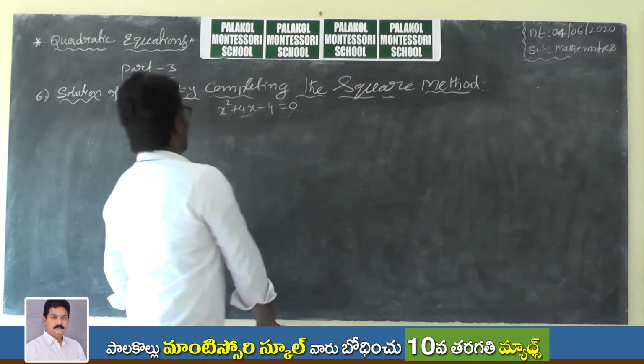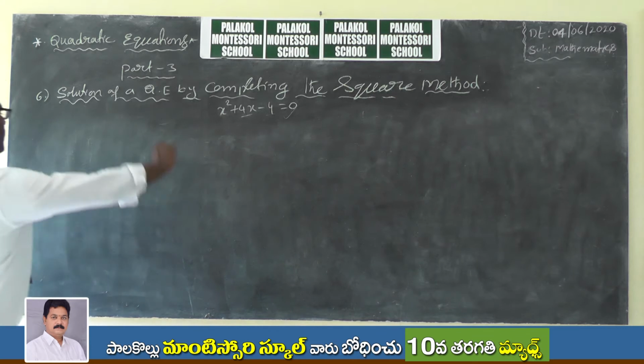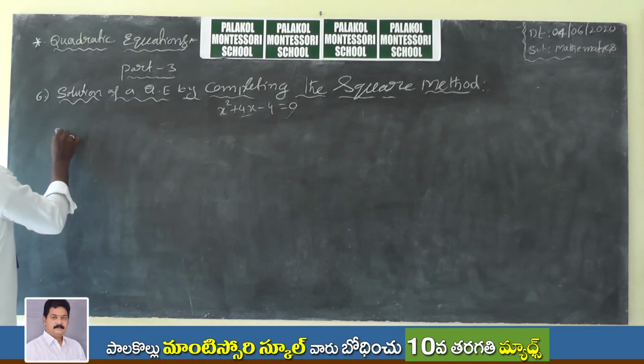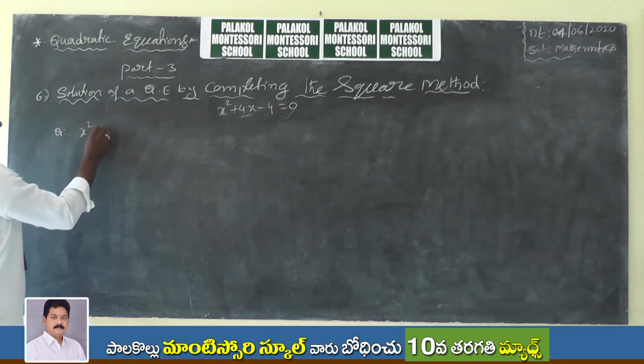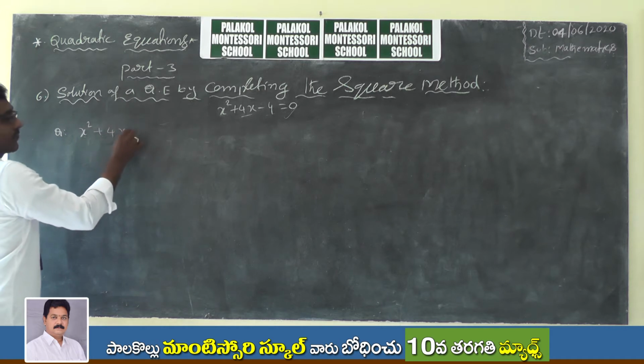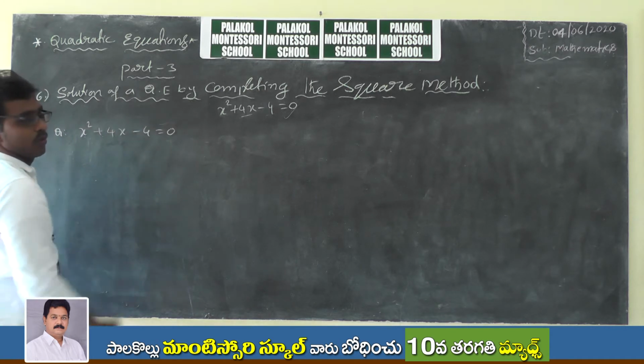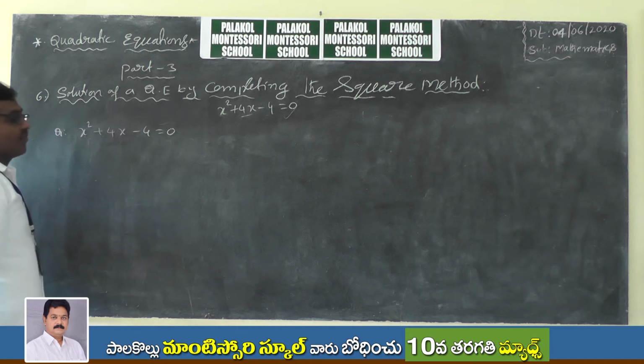Okay, guys. Now you take the sum. Question. What is the question? Find the factors of x square plus 4x minus 4 is equal to 0. Find the factors of x square plus 4x minus 4.